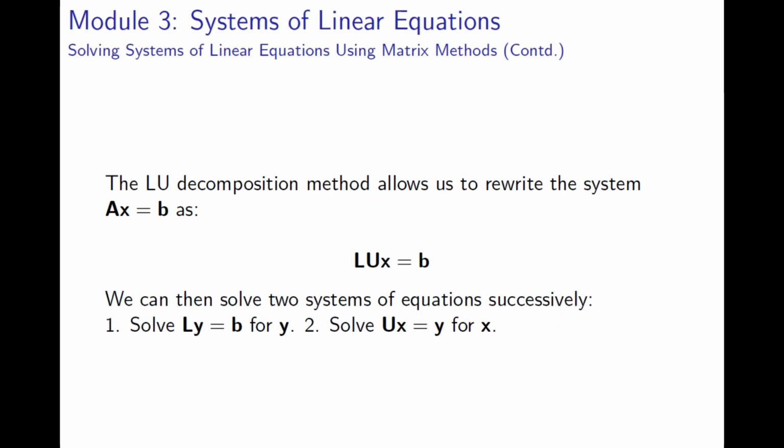With LU decomposition, we can rewrite the system Ax equals b as LUx equals b. By solving the two systems successively, we obtain the solution vector x. This method is particularly useful for solving large systems efficiently, as it minimizes the computational effort.